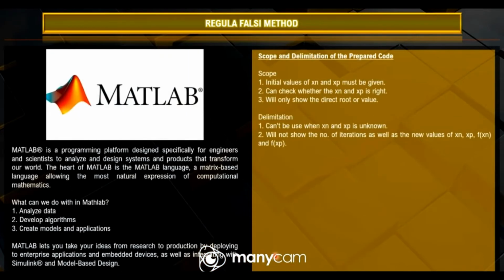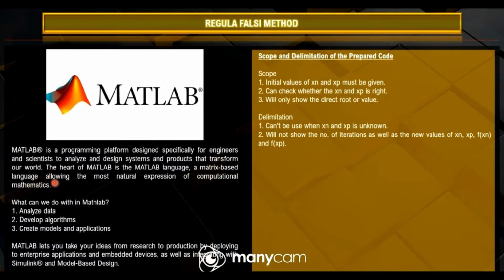Next, the software that we'll be using is MATLAB. MATLAB is from MathWorks, a programming platform designed specifically for engineers and scientists to analyze and design systems and products and transform our world. The heart of MATLAB is the MATLAB language, a matrix-based language allowing the most natural expression of computational mathematics.